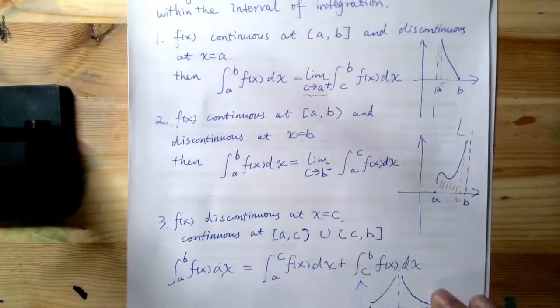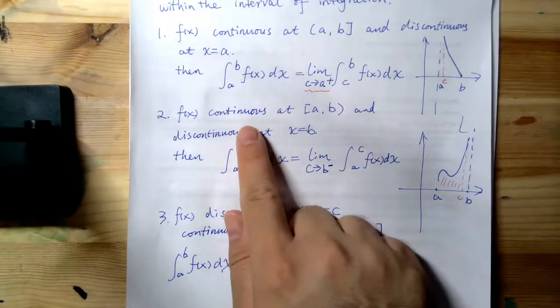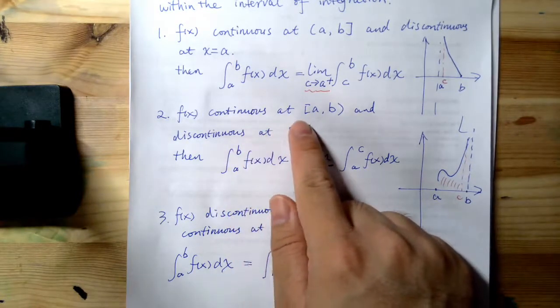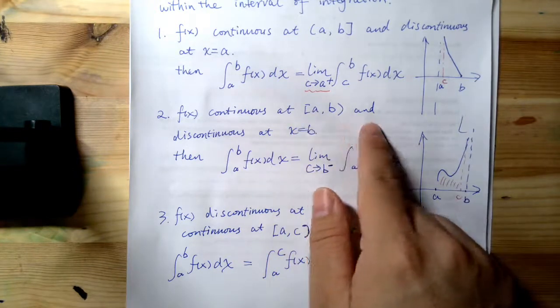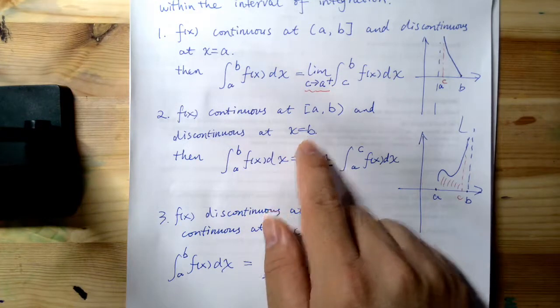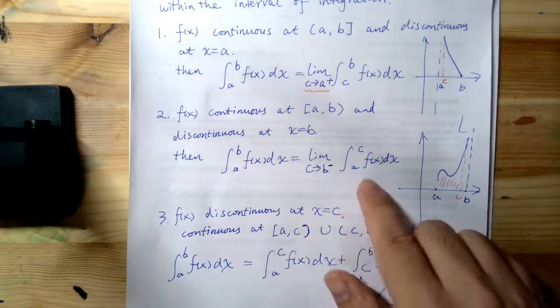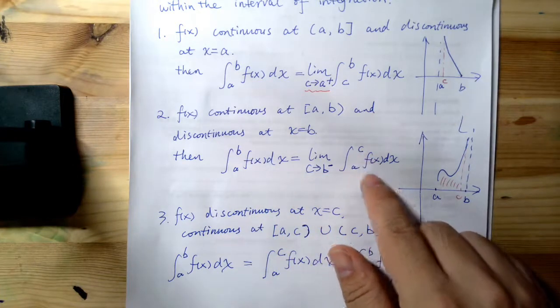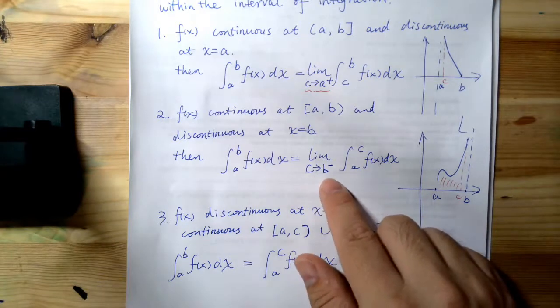Similarly, in the other situation, the function is continuous on [a, b), left closed, right open, and is discontinuous at x equals b. Then the integral from a to b of f(x) dx becomes the integral from a to c of f(x) dx, and this time you let c approach b from the left.